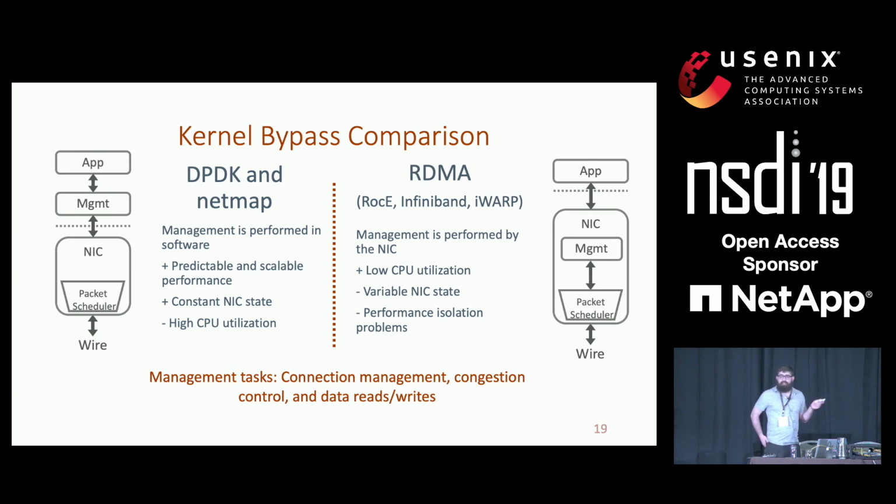The big difference is that in DPDK and NetMap style, management is done in software, whereas in RDMA style kernel bypass, management is done in the RDMA NIC hardware itself. While DPDK allows us to have predictable performance and constant NIC state, the trade-off we're paying is significantly higher CPU utilization.